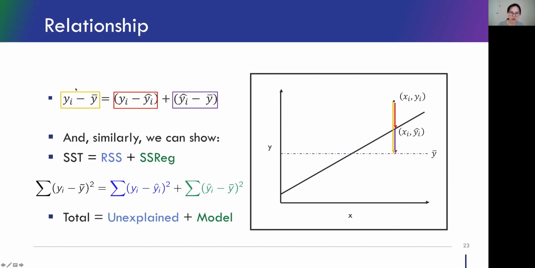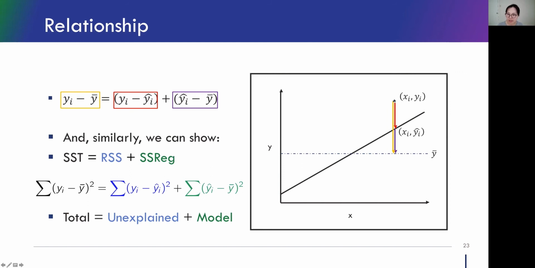Focus on this quantity first: this is one data point that we have, xi and yi, and I'm measuring how far this yi is from the horizontal mean value of your data, y bar. I just split it into two quantities.